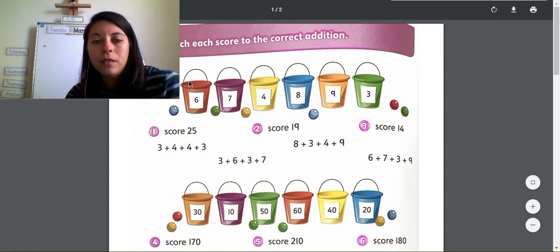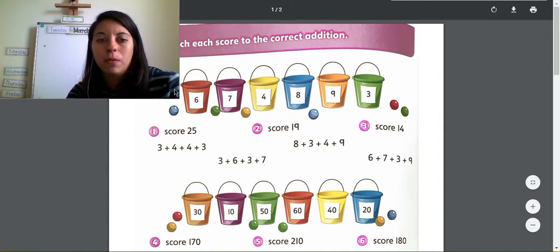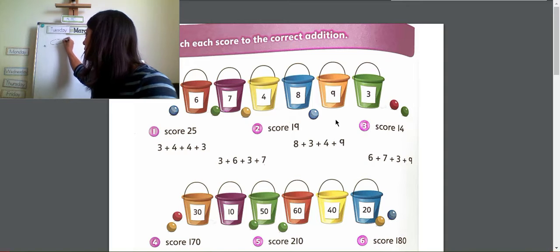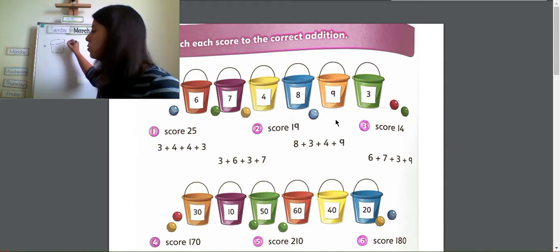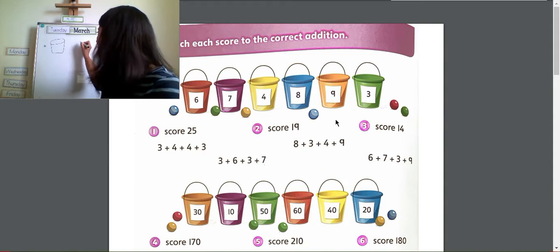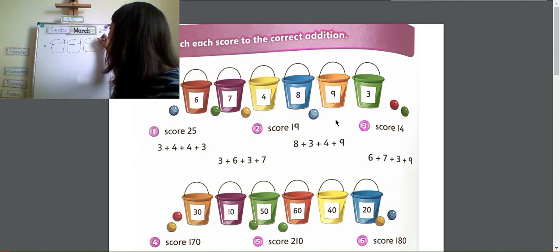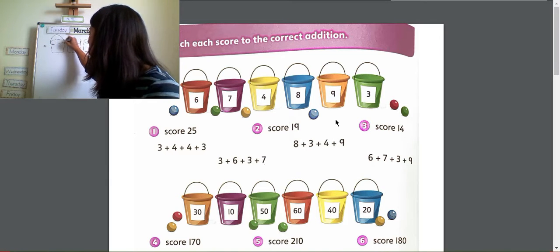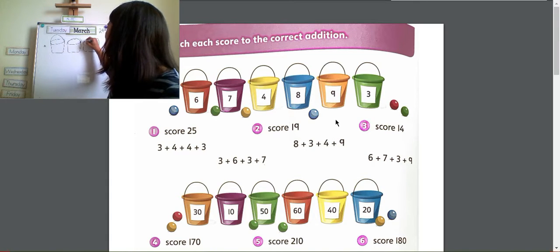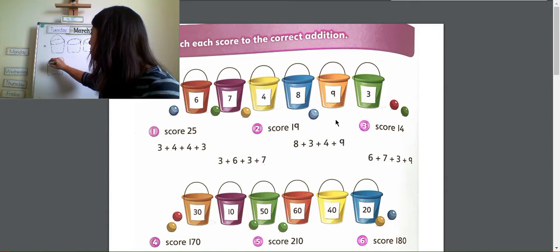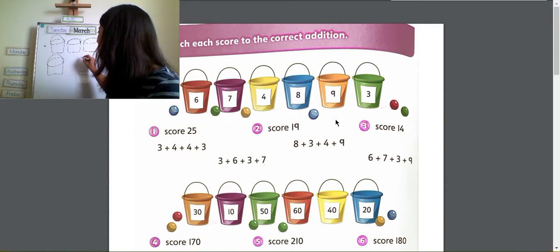Why? Well, if you see at the top of the page, we have some colored buckets. So I'm going to go ahead and draw some buckets. How many buckets do we have? 6? I'm sorry, my artistic skills are not the best, so we're going to ignore that fact.